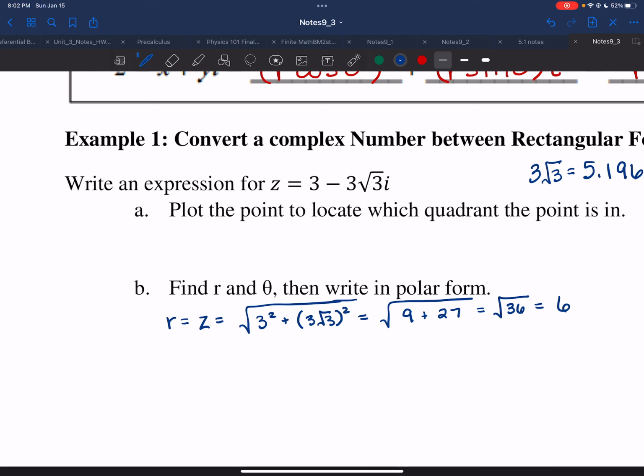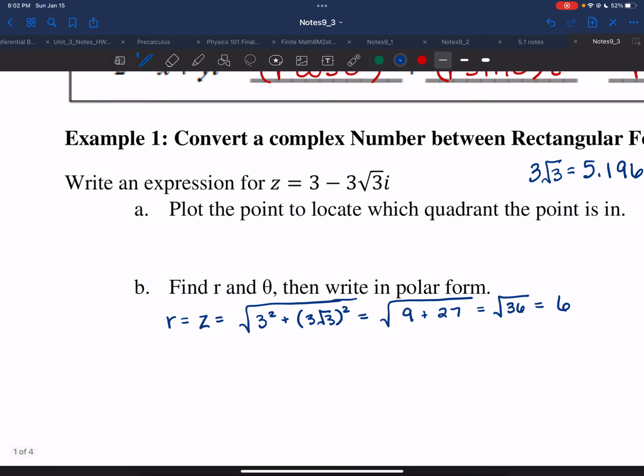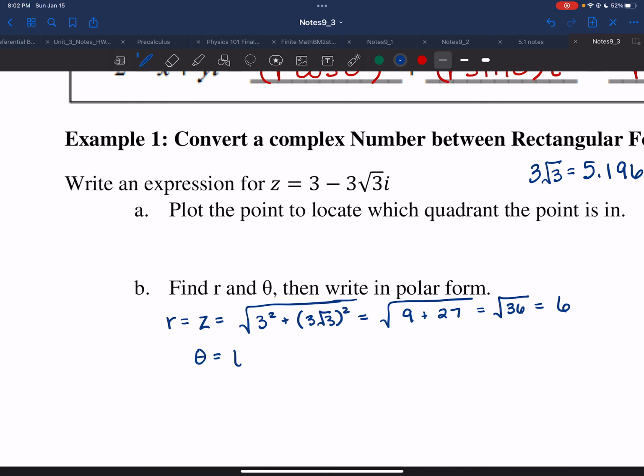So that's going to give me a value of 6. Now I know that. The next thing I'm going to do is find my angle, which would be the inverse tangent of my y over my x, right? So that's going to be the inverse tangent of negative 3 root 3 over 3. And my 3s cancel out, so I'm left with the inverse tangent of negative root 3.